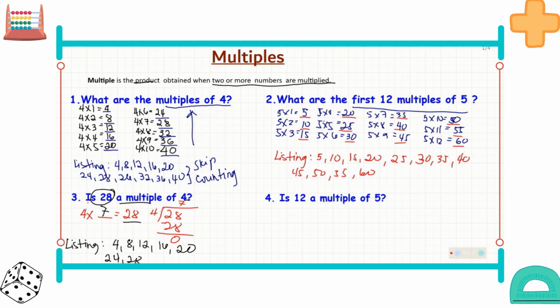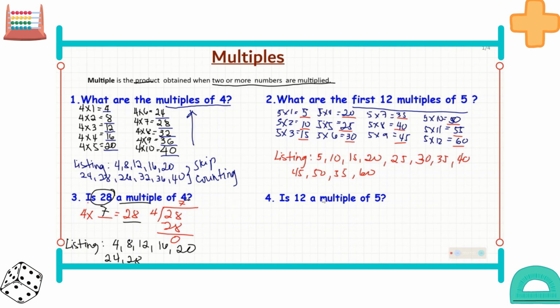Look, 28 is part of the skip counting by 4. Since 28 is one of them, we can say that 28 is a multiple of 4. So that's one way of doing it.